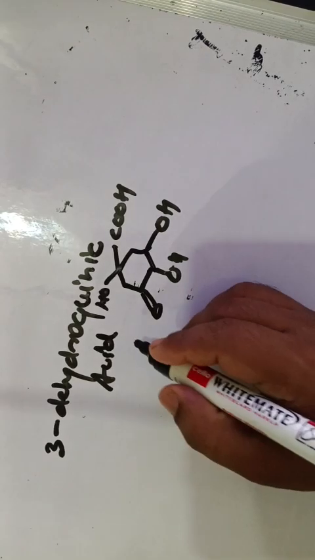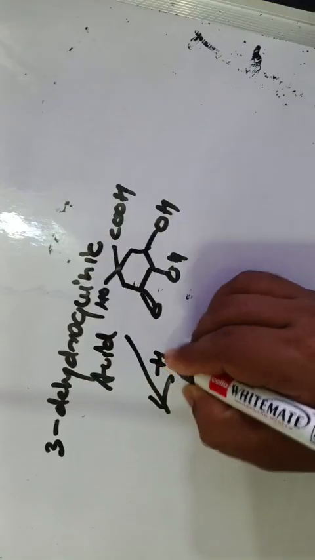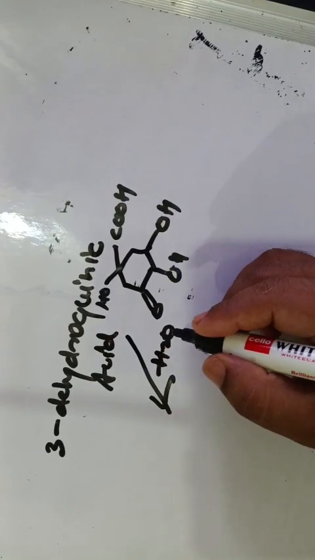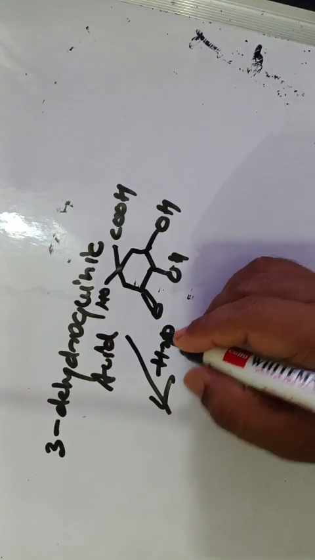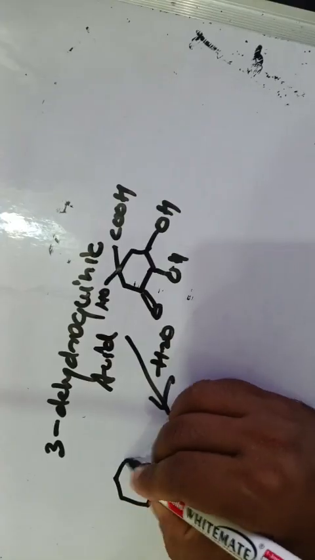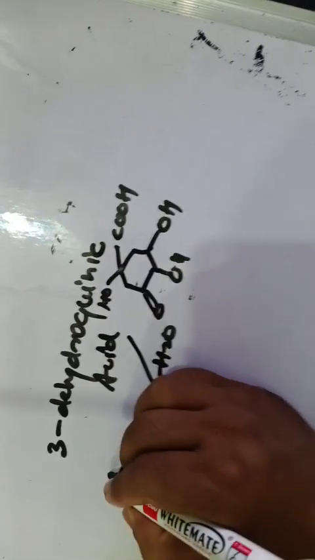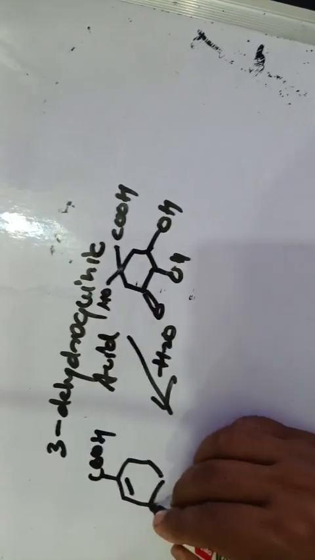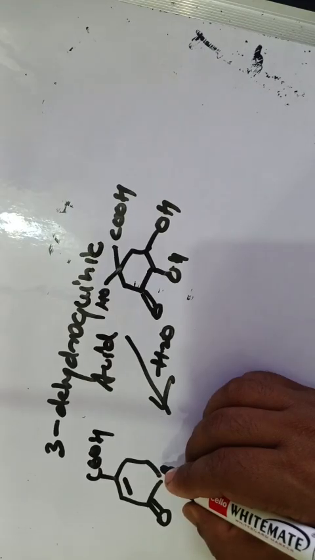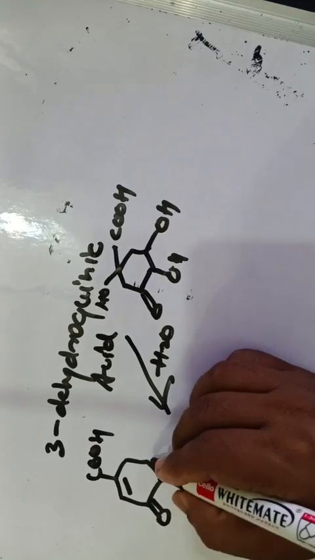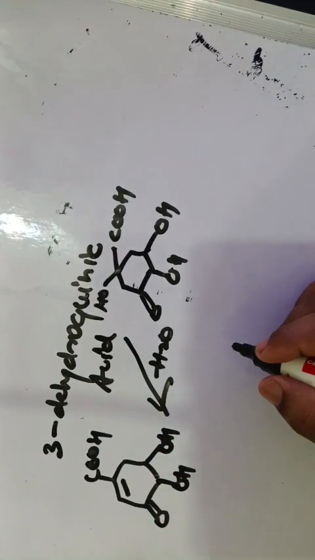Now there is a removal of water molecules. After removing water molecules, another compound is formed, that is COOH, C double bond O, OH and OH. What is happening?